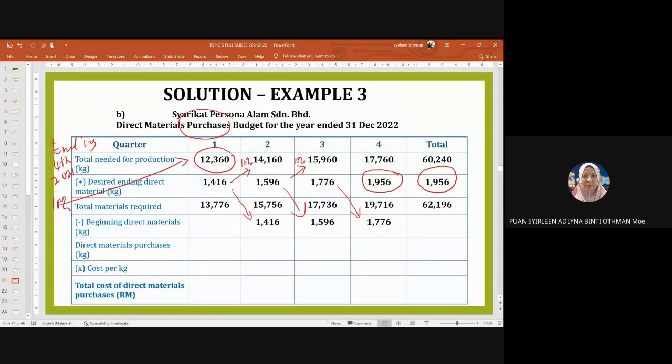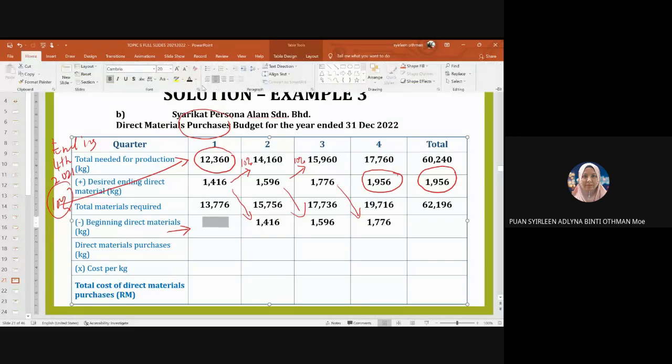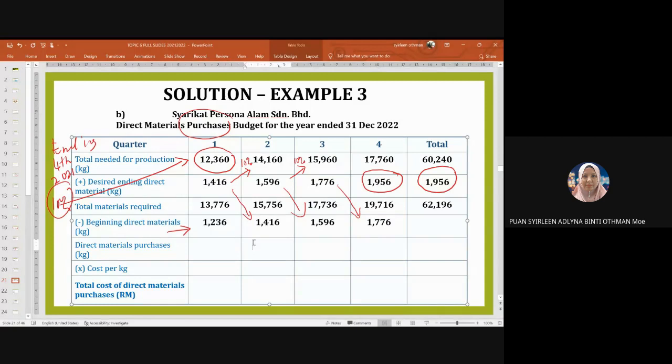Kan? So dia ending inventory. Jadi next quarter tu dia akan jadi beginning inventory. Okay? Sebab tu kita dapat 1236. Thank you, Tiffany. Okay? Yang lain tu dia tengah tengok, dia tengah digest macam mana madam dapat figure tu.